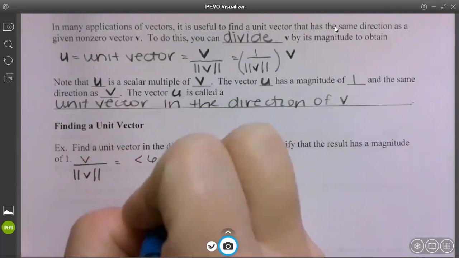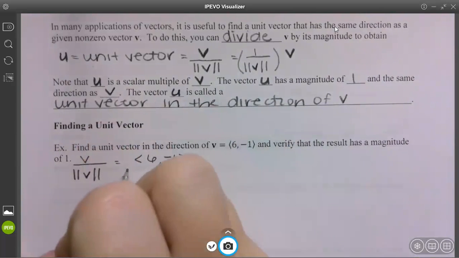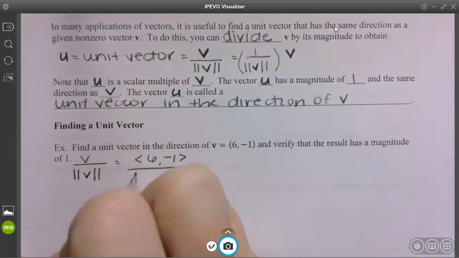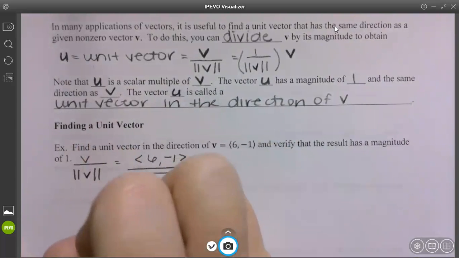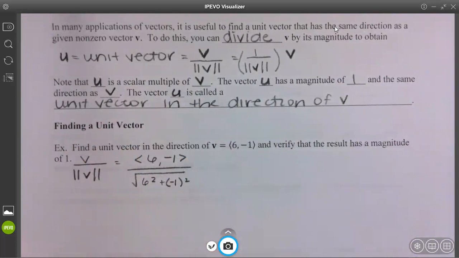So V is <6, -1>. That means our magnitude is the square root of 6 squared plus -1 squared.